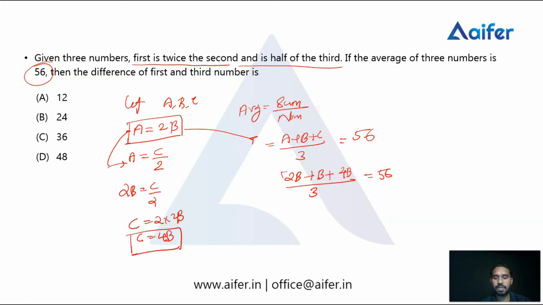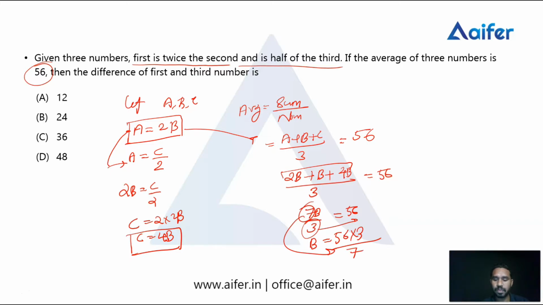Next we add all the B's: 2B plus B is 3B, 3B plus 4B is 7B, so 7B by 3 is equal to 56. Then B is equal to 56 divided by 3, where 3 moves across to multiply and 7 to divide.